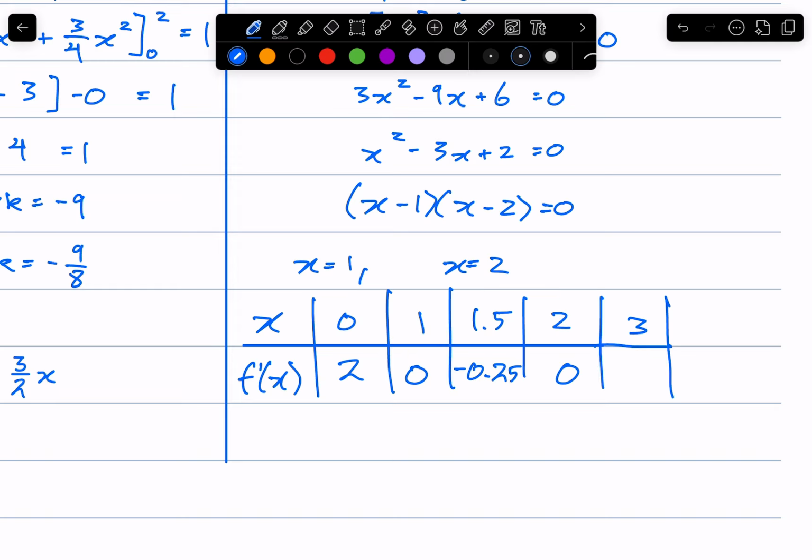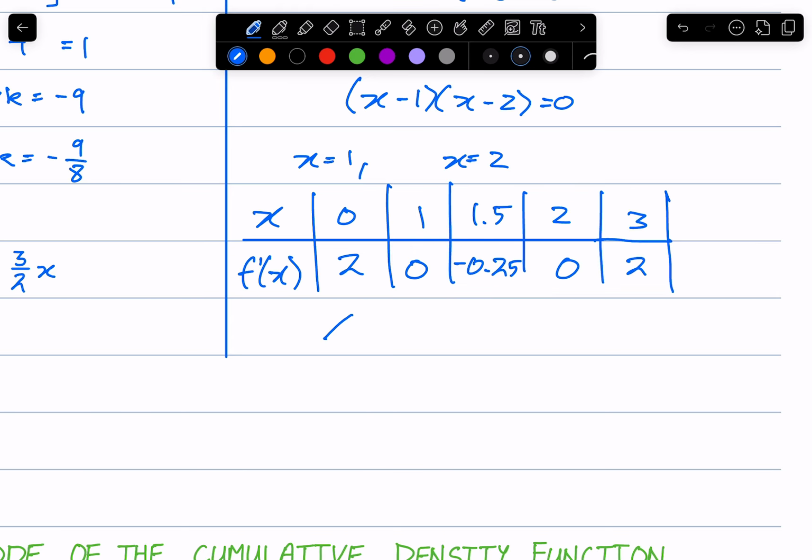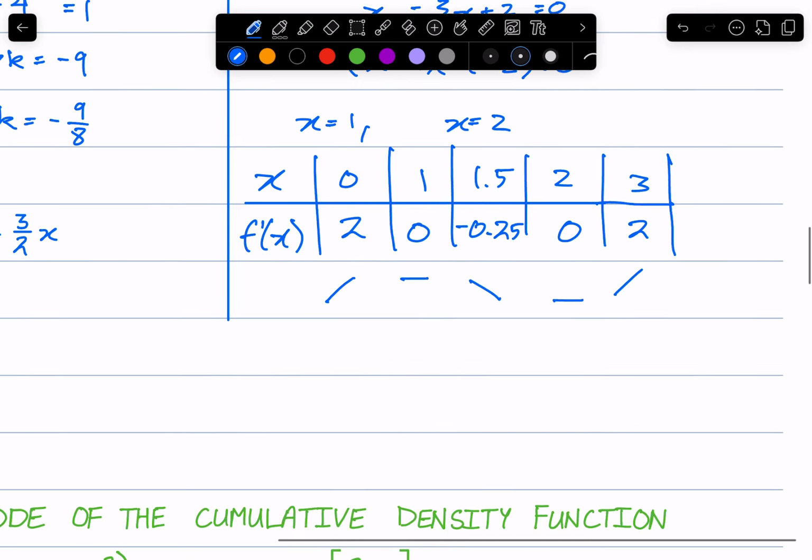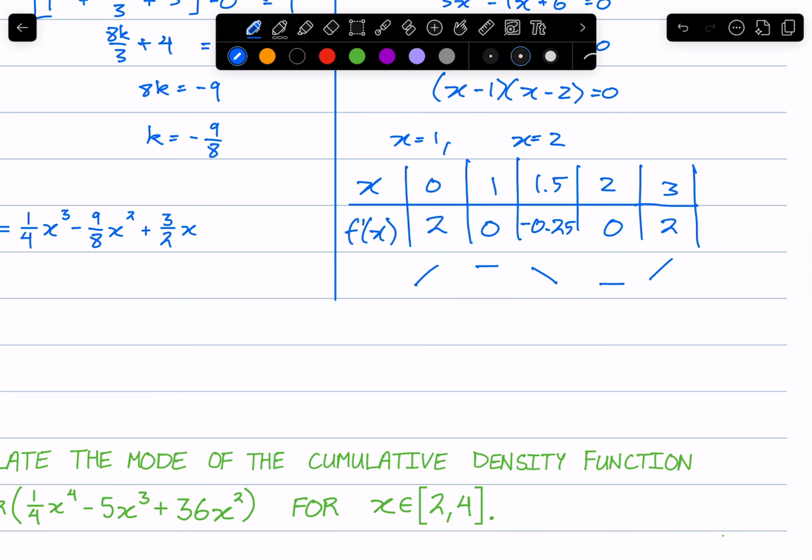And substituting 3 into this gives me 2. So I can see this is positive, 0, negative, 0, positive. We can see that x equals 1 is a maximum turning point. So that must be our mode. Therefore, x equals 1 is our mode.